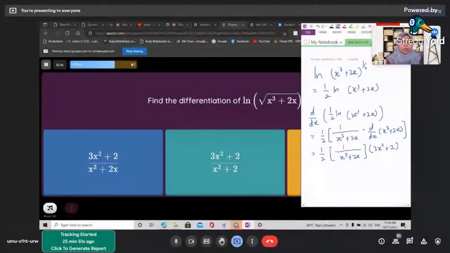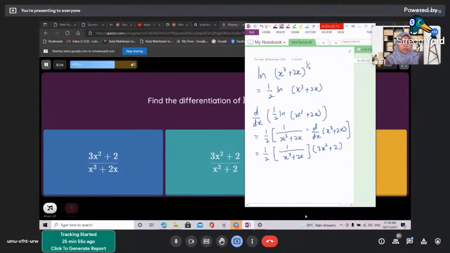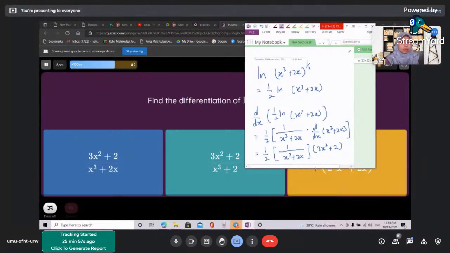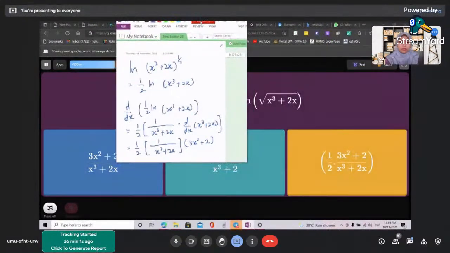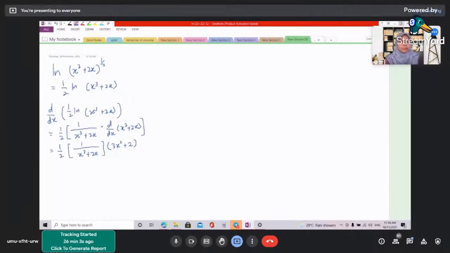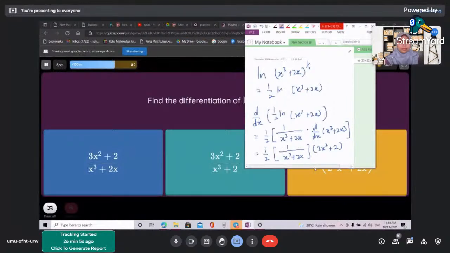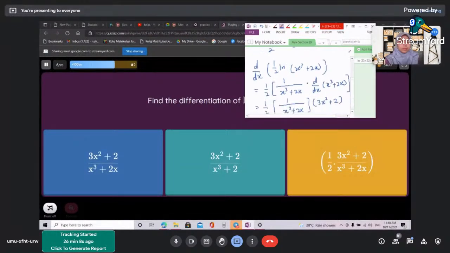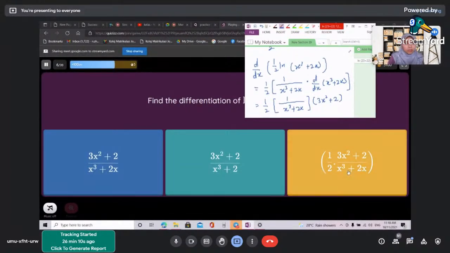Okay, so which one should we pick? Okay, 1/2. So the yellow one.